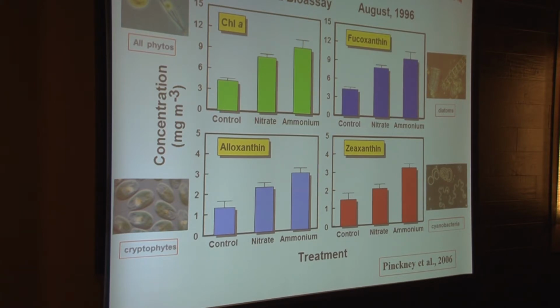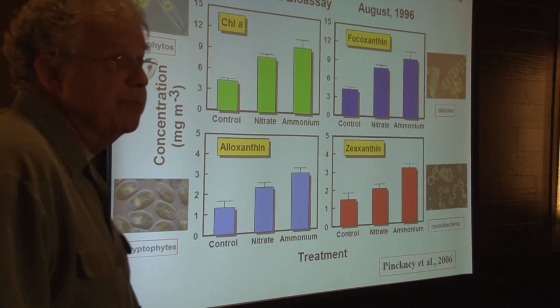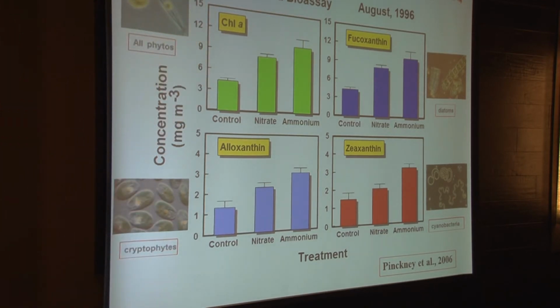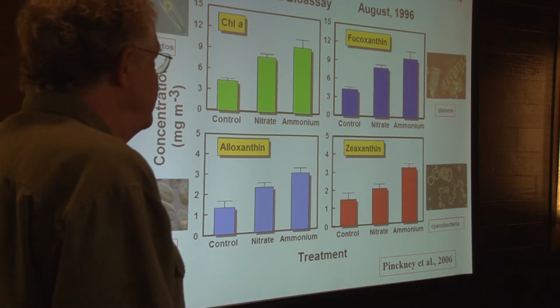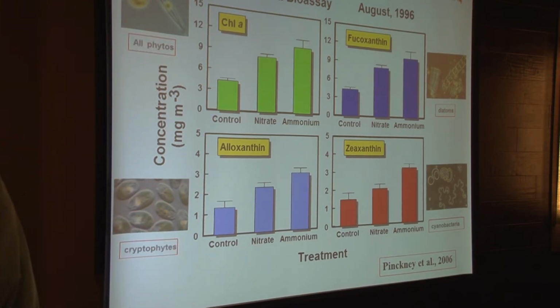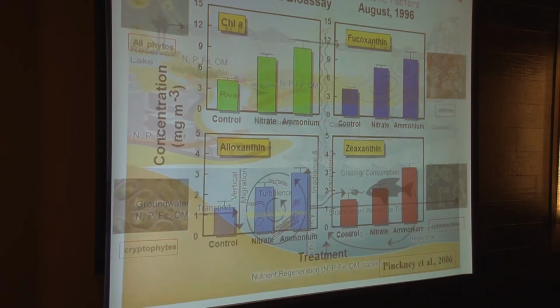So what this is telling us is that maybe from a management perspective, we really do need to look at this ammonium loading question, because it may very well be linked to changes in the structure of the community and ultimately food web changes. And this is one of the aspects of nutrient loading in coastal systems that people are looking at pretty intensively.